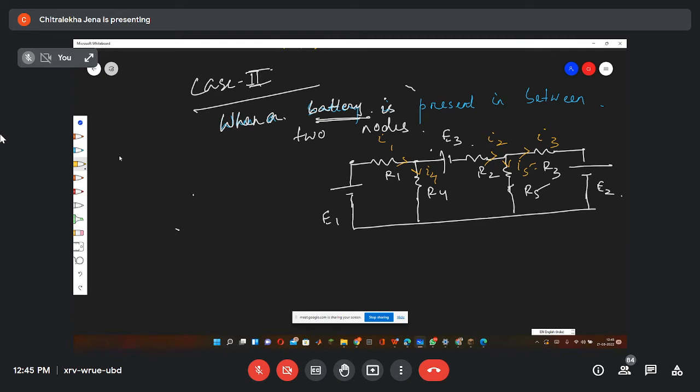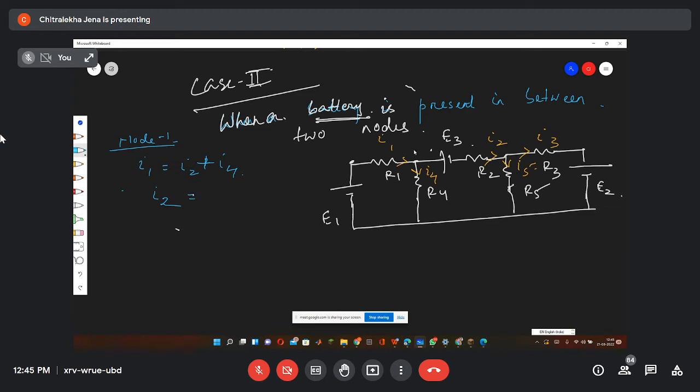Yes or no? Yes, ma'am. While writing this for node 1, what will be your equation? I1 is equal to I2 plus I4, right? What will be the value of I2?